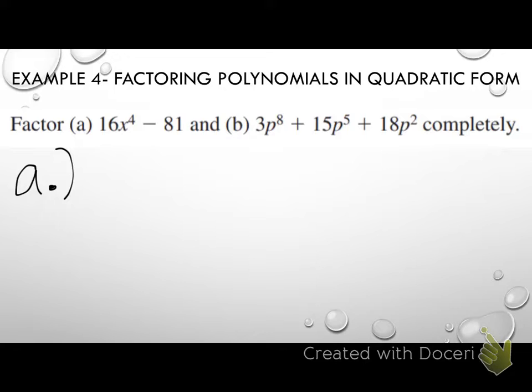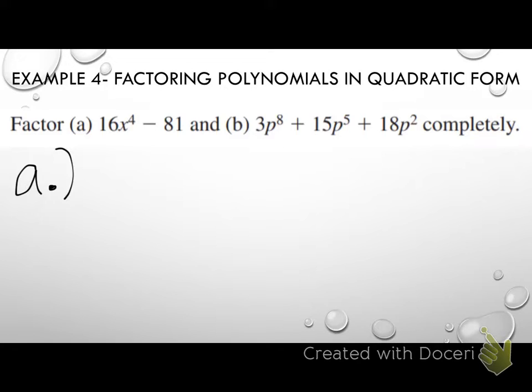Based on past factoring techniques. Do we notice anything about our two terms? They're perfect squares, right? And they're being subtracted. So does anyone remember what this would be?